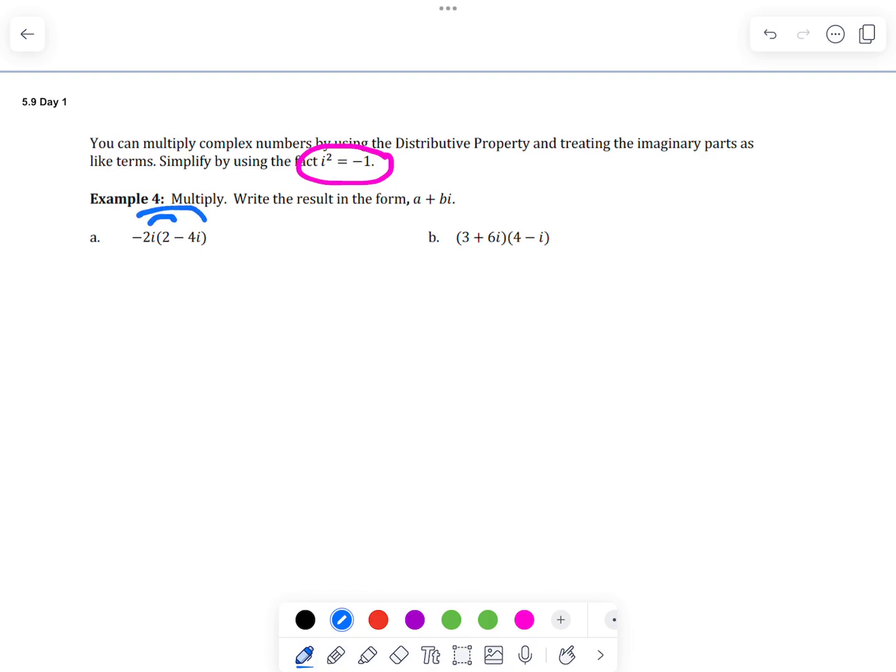So we're essentially just distributing that negative 2i into that binomial. So negative 2i times 2 is negative 4i. And then negative 2i times negative 4i is positive 8i squared. And when I highlight up there in the pink, notice that i squared is going to become negative 1.